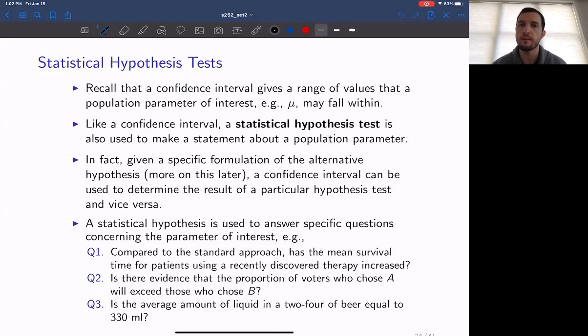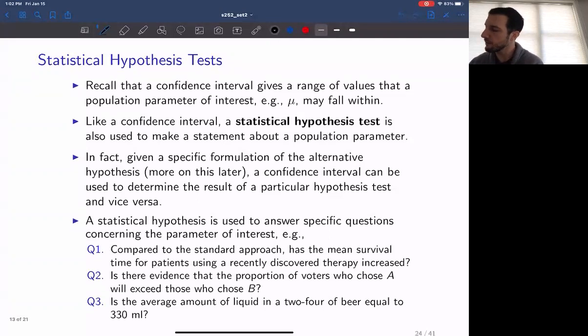So the hypothesis test and the confidence interval are very closely related, and you can actually infer the result of one from the other. But technically, the confidence interval is a range of values, or two numbers that tell us where we believe the population mean will exist. And the hypothesis test is a statistical procedure for asking a question about the population mean.